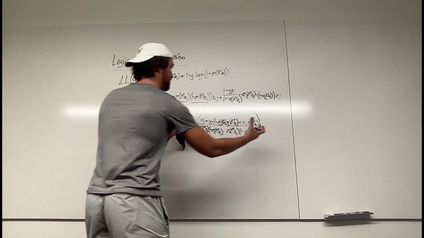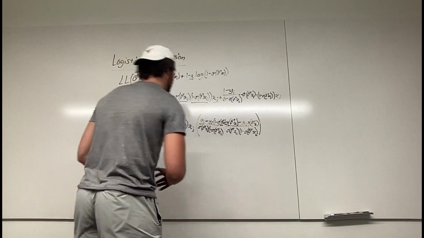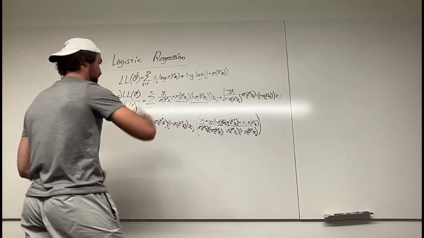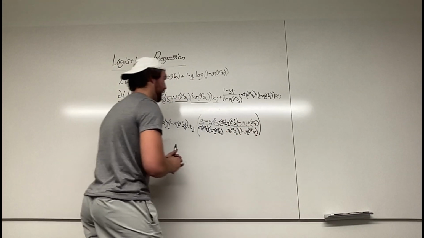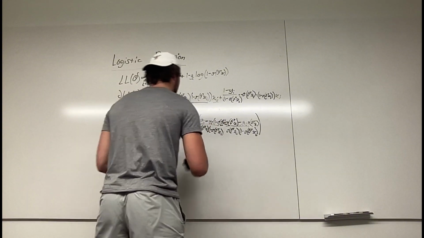Then, taking the denominator and the numerator, now we have them in terms that we can appreciate. I know this doesn't look great, but trust me, we're going to get it right.